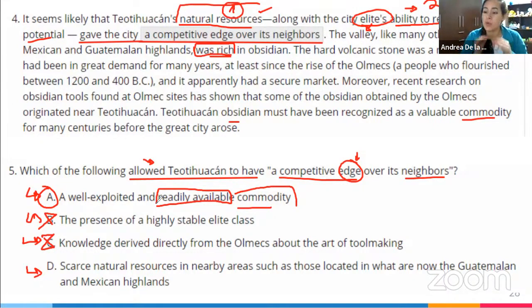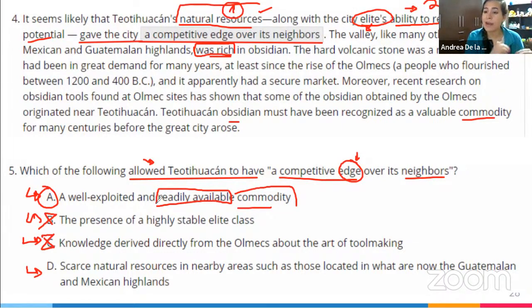It was something that was ready to use, to be disposed from the moment they were starting as a city. That's basically a synonym for natural resources, right? Algo que estaba listo para usar, readily available, disponible desde el principio, a resource that was readily available, right? That means a natural resource, un recurso natural.